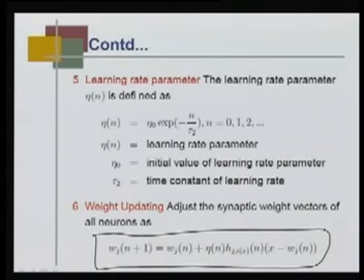This is the learning rate, this is the neighborhood function. You know that this neighborhood function will be 1 for the winning neuron and will gradually decrease for the neurons that are farther away from the winning neuron, into the input vector that excites the neurons minus the reference vector of the neuron.